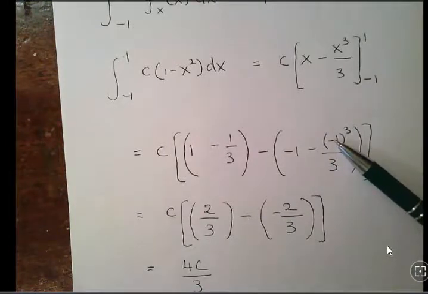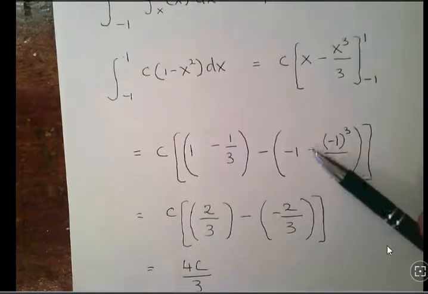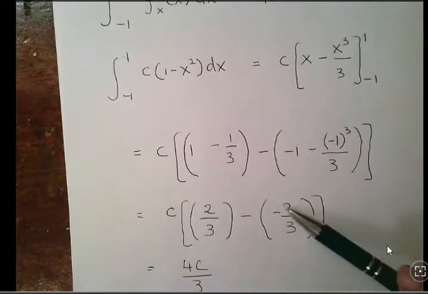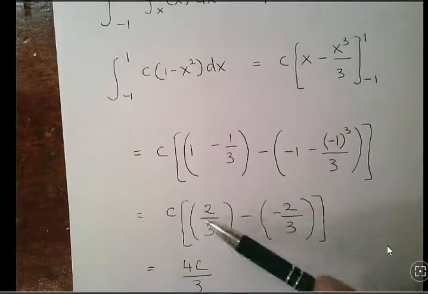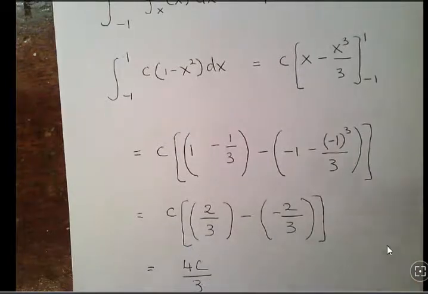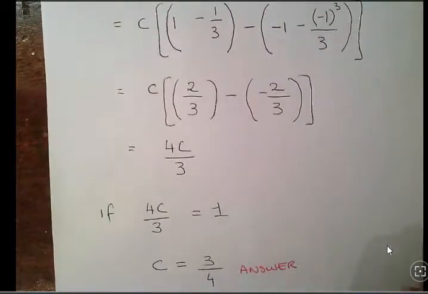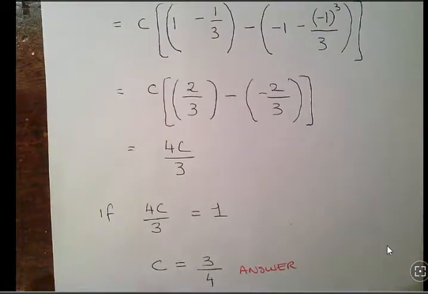Minus 1 cubed is minus 1, so we have minus 1 plus 1/3, which altogether is minus 2/3. So we have 2/3 minus minus 2/3, which is 4 over 3. When we multiply in c, we get 4c over 3. So if 4c over 3 is equal to 1, that means c is equal to 3/4.